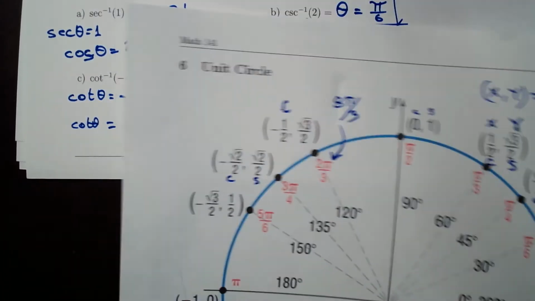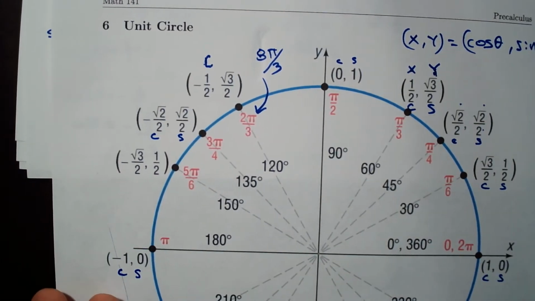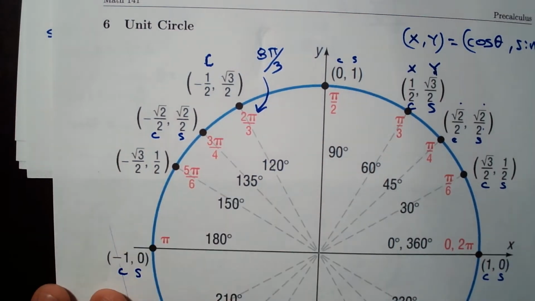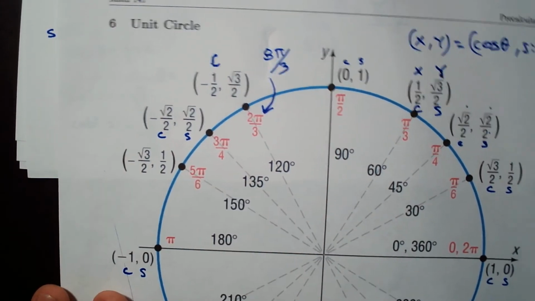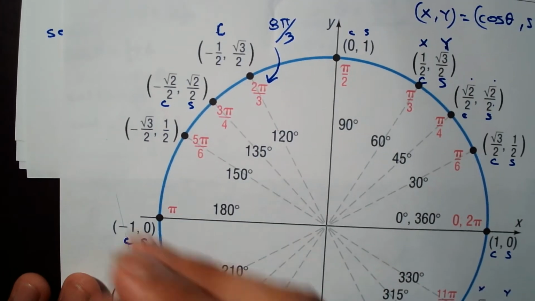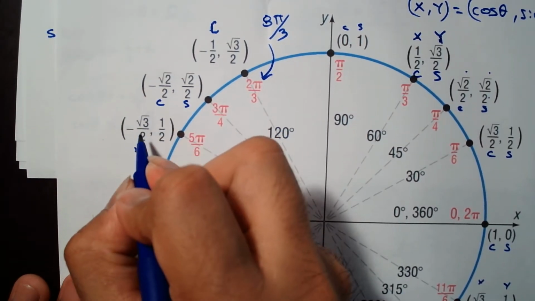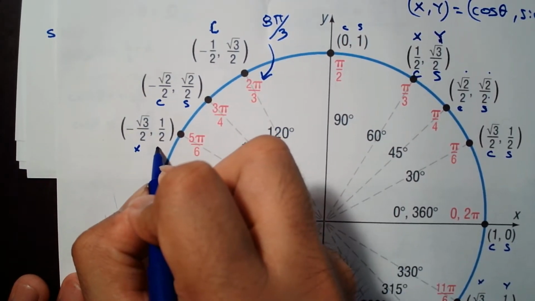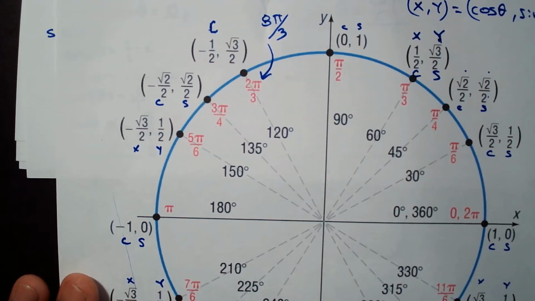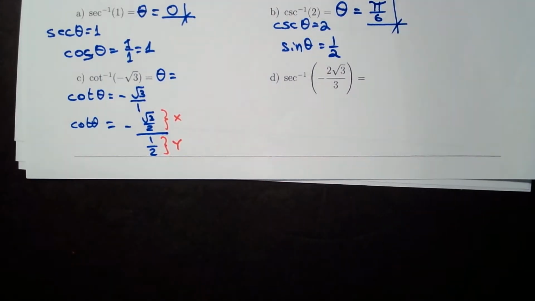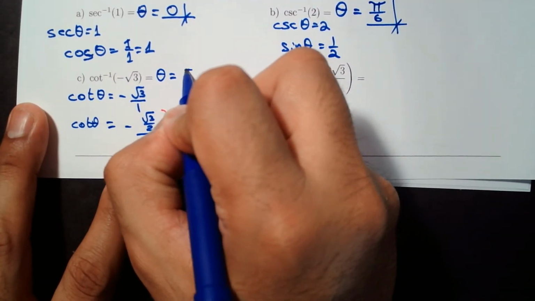If I look at the unit circle, that's going to happen at 5pi/6, where x equals -√3/2 and y equals 1/2. So 5pi/6 is the final answer here.